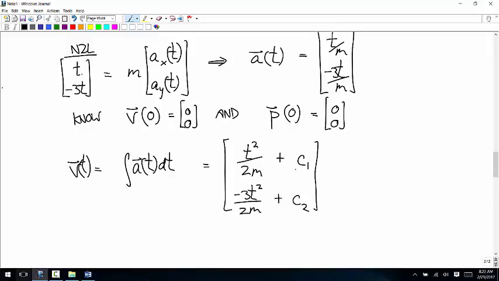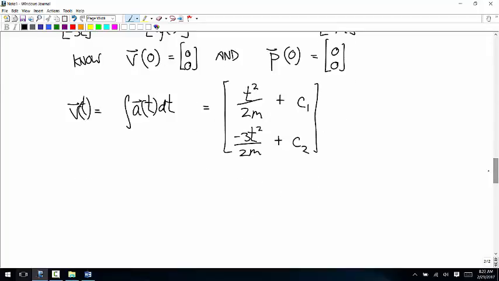And we can figure out these constants c1 and c2 from the fact that the velocity is equal to the 0 vector when time is equal to 0. So the 0 vector is equal to 0 squared over 2m plus c1, and negative 3 times 0 squared over 2m plus c2.